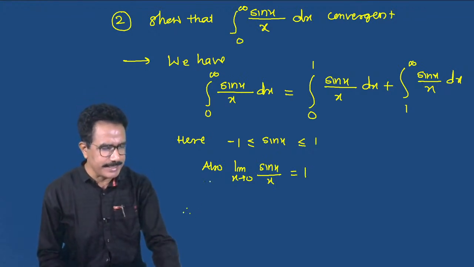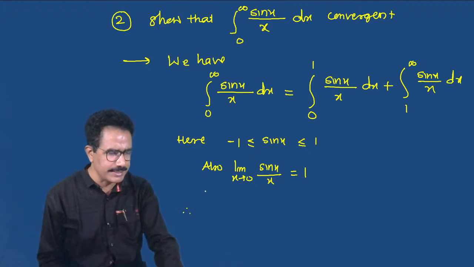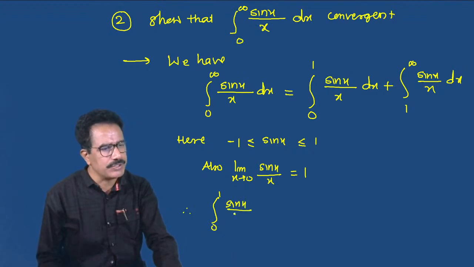Therefore we can say that here in this case integral from 0 to 1 sin x divided by x dx is convergent.